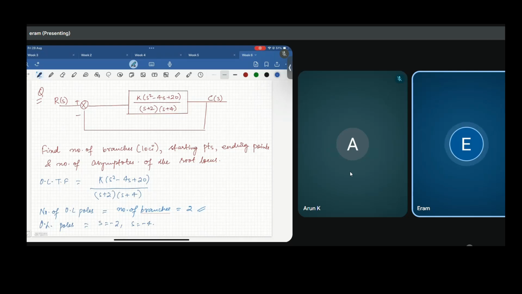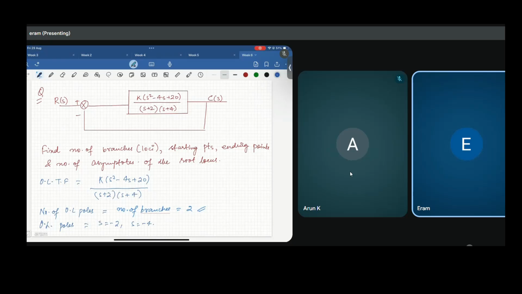What are the ending points? We know that the root locus ends at the open loop zeros. Now we have two branches, and also we have two zeros. So these two branches will terminate at these two zeros.